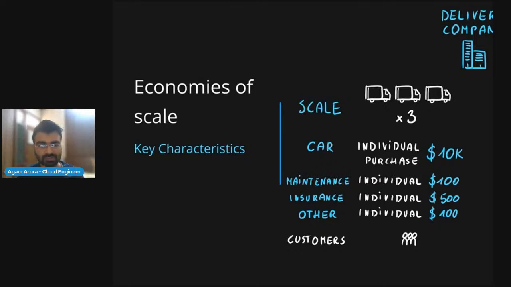As you can see on the screen on the right hand side, if we take the example of a car, and an individual purchases it for $10,000, he also has to cater for the maintenance and insurance and other things. So it's going to cost a bit more.